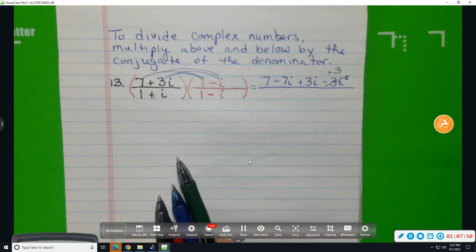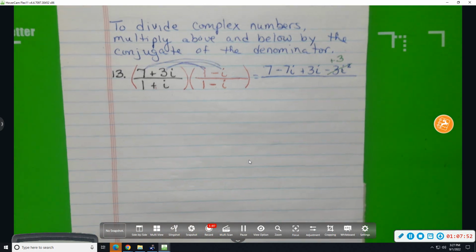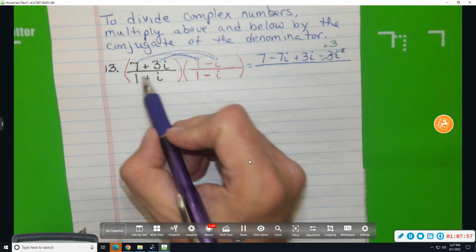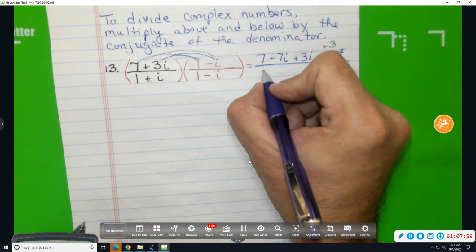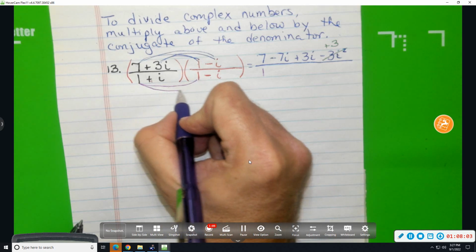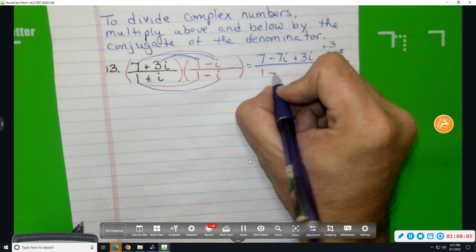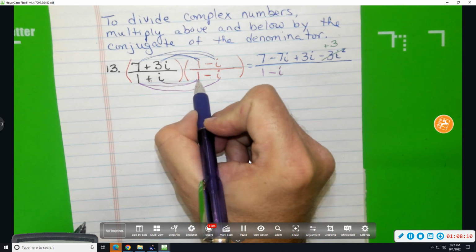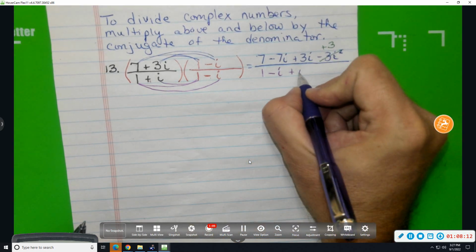Now let's FOIL out the bottom. You shouldn't get an i on the bottom here. We have a 1. Okay, first, outer, is that a minus i? And then inner is a plus i.